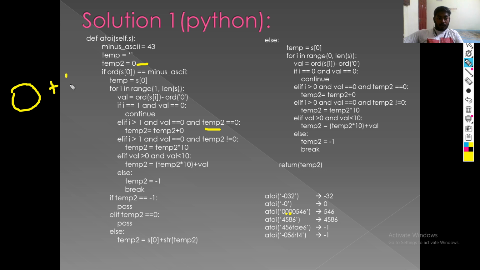So that is the reason we have to give another 0 to the temporary variable. If the number falls between any 1 to 9, which means elif, sorry, this one.